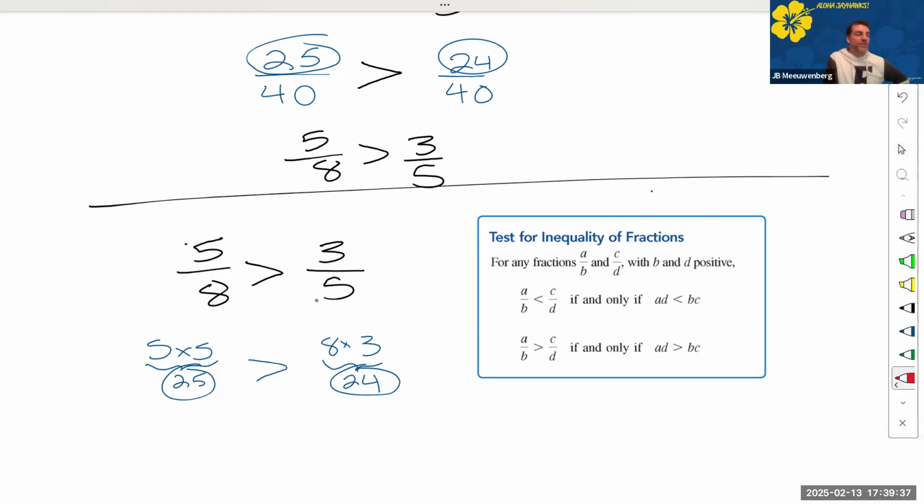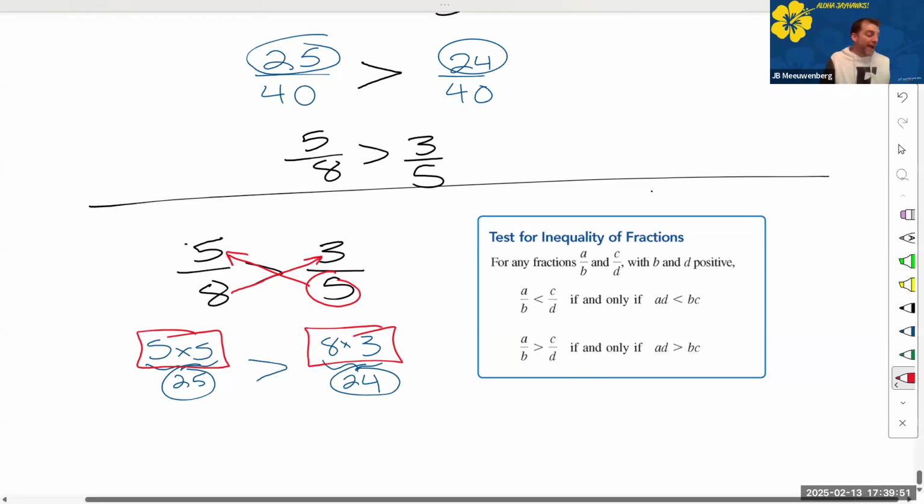That's why I said it's important when you're doing this multiplication to bring that 5 up that way. 5 times 5 on the left, and bring this 8 up that way. 8 times 3 on the right. And then the opposite is true if AD is greater than BC. So your final exercise here will be to try that out. Will be to test that.